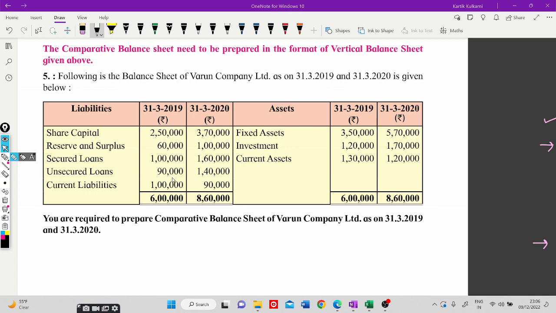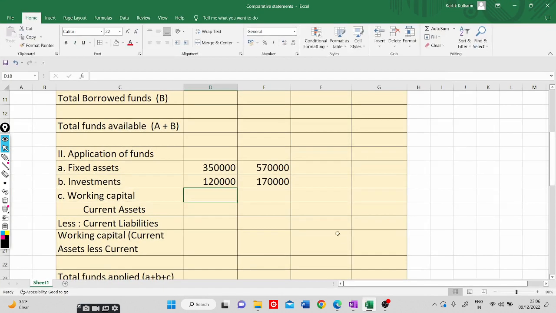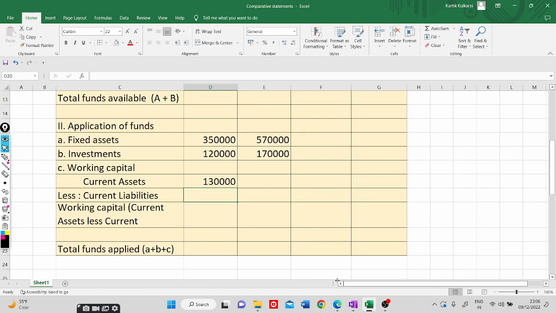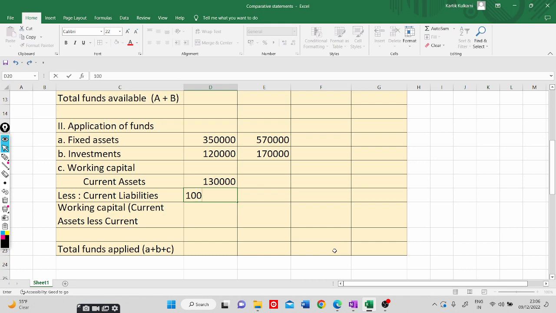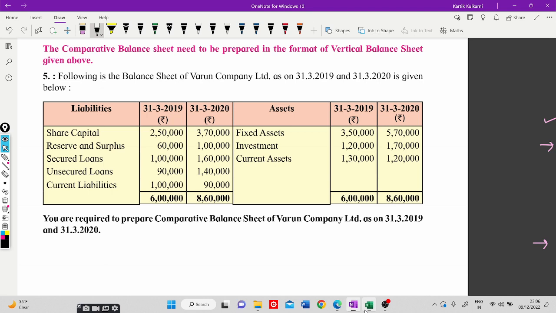So current asset for 2019 is 1,30,000, and current liability for 2019 is 1 lakh. Similarly, we can see the current asset for 2020 is 1,20,000 and current liability is 90,000.